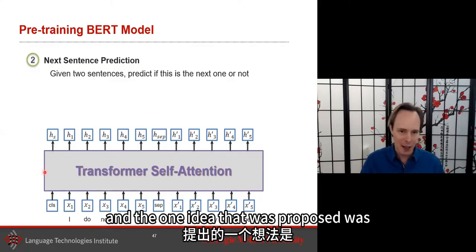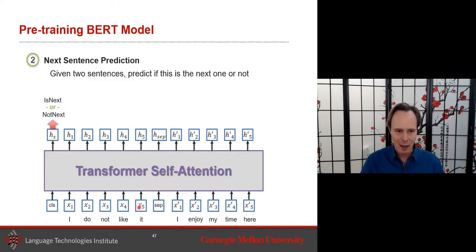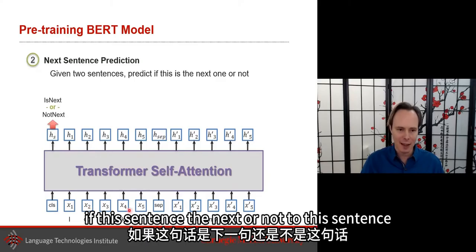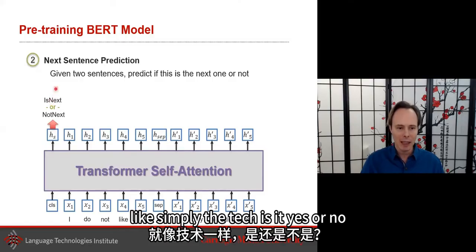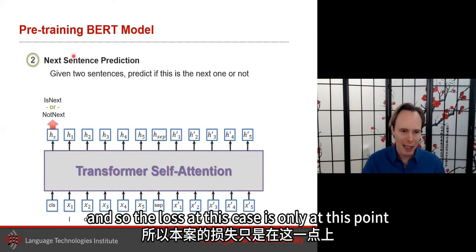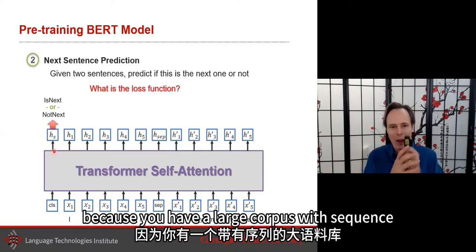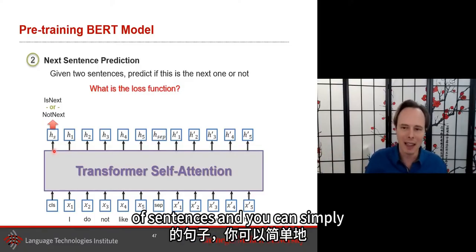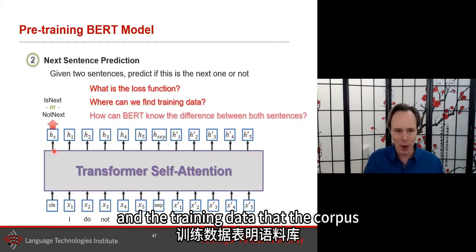The one idea that was proposed was: is this sentence the next or not to this sentence? And so this HS will be used to simply detect yes or no. That's one interesting loss, and the loss in this case is only at this point. You have the ground truth because you have a large corpus with a sequence of sentences, and that's the training data.